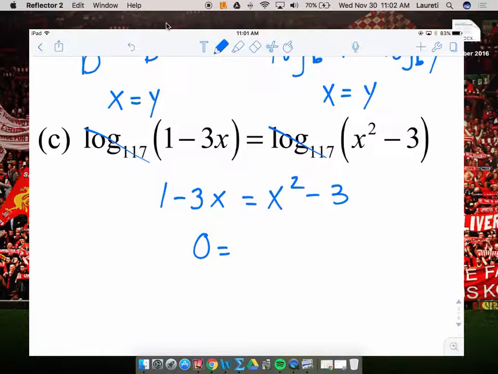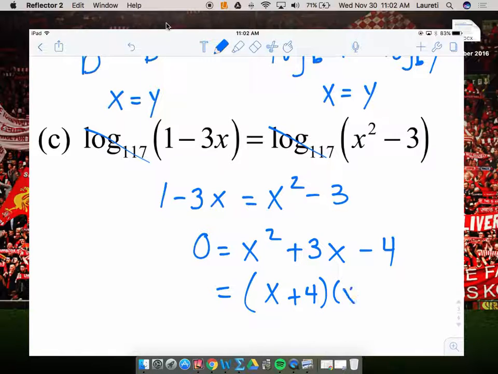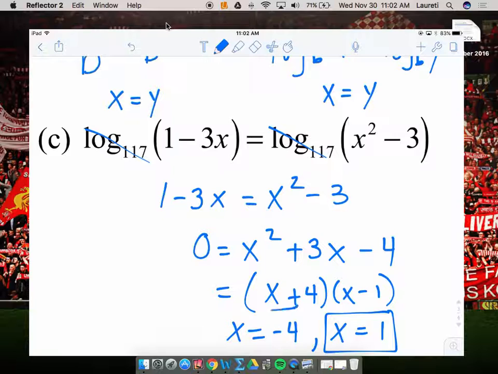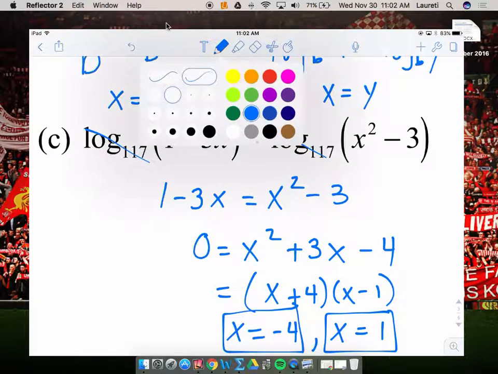So put everything on one side. Do they both work?